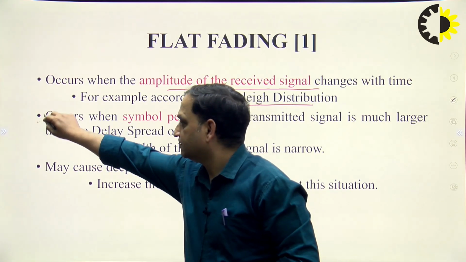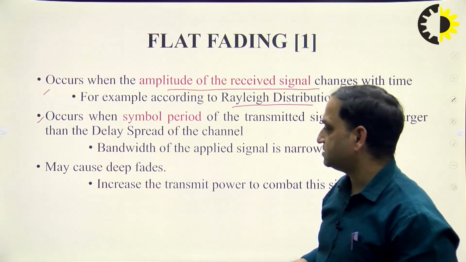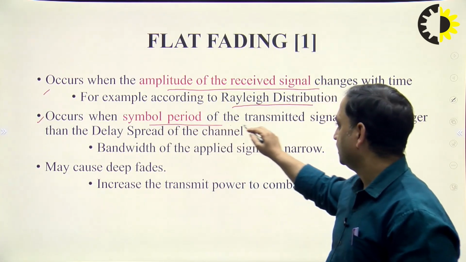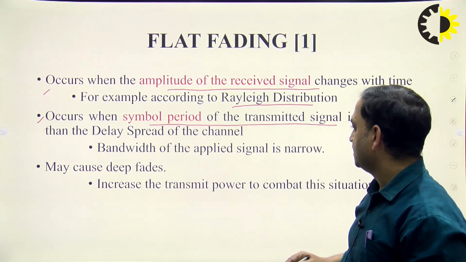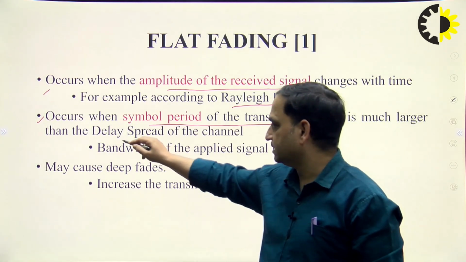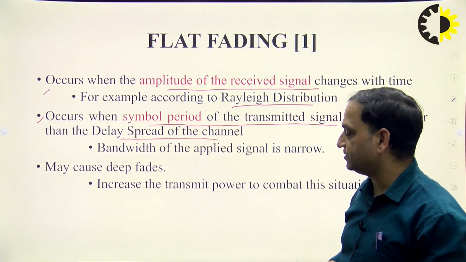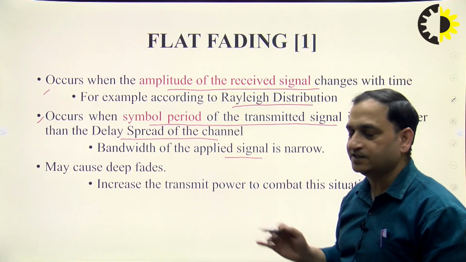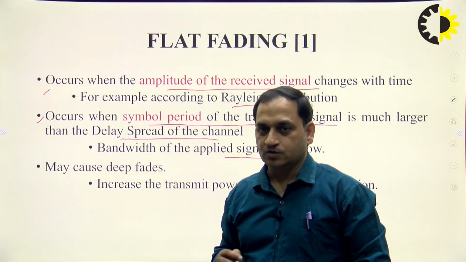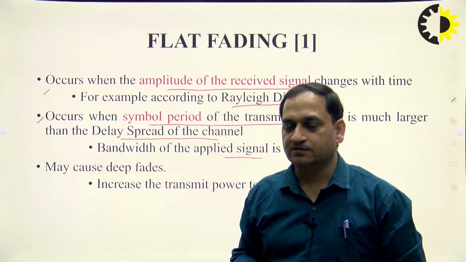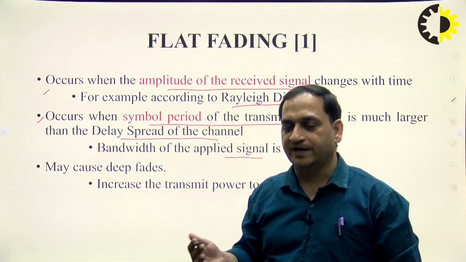Second case, this flat fading occurs when the symbol period of the transmitted signal is much larger than the delay spread of the channel. So in this case, the bandwidth of the applied signal is very narrow. As we are very much aware, we have the wide band of frequencies.